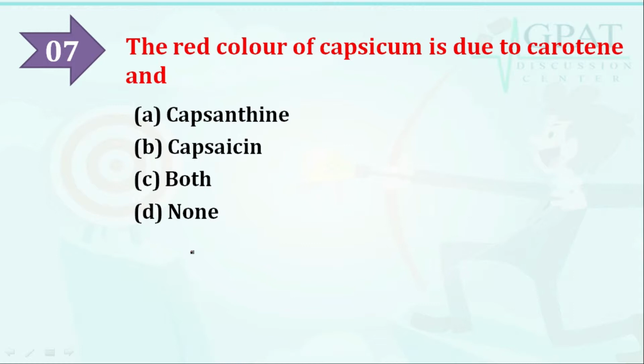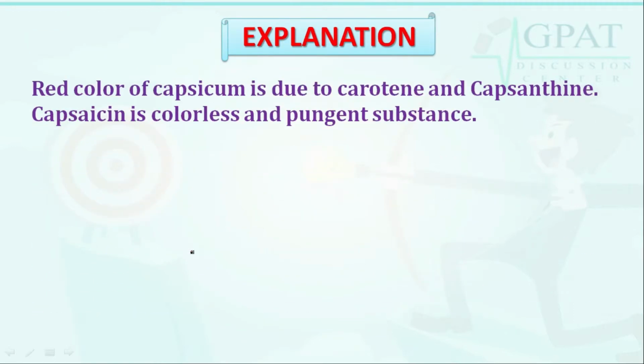So the red color of capsicum is due to carotene and capsanthin. Capsanthin is responsible for the red color, and carotene is also responsible for the red color in capsicum. Let's discuss in detail.